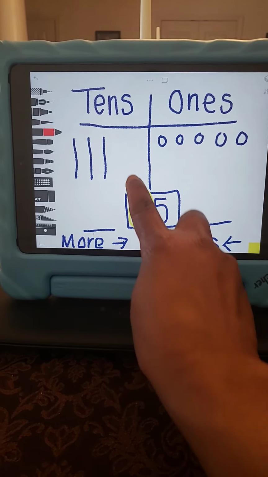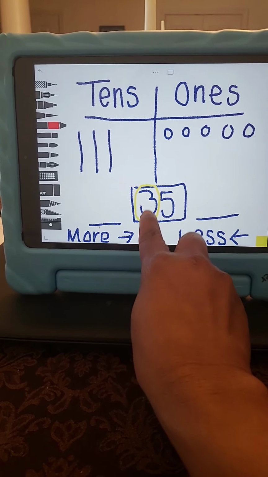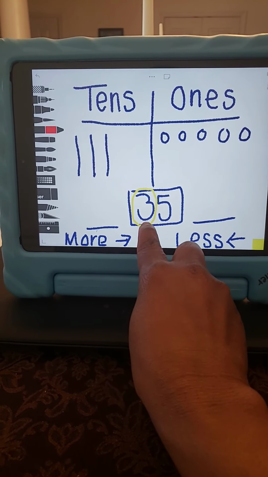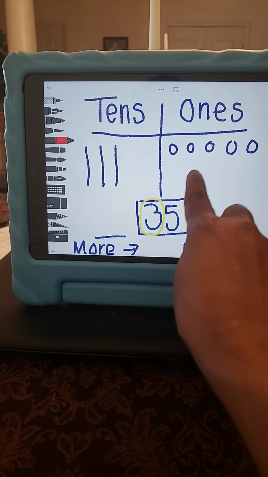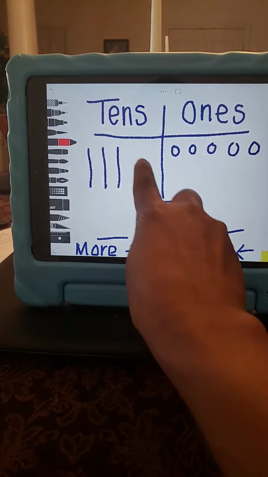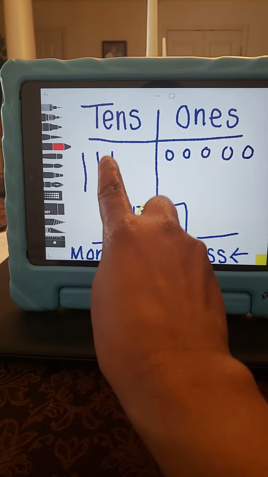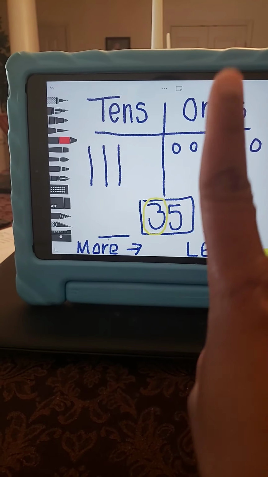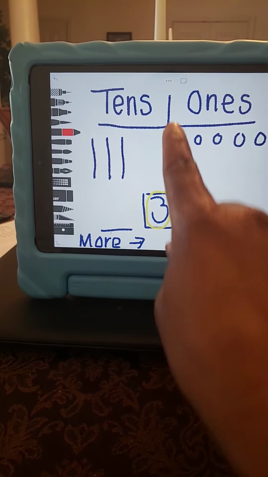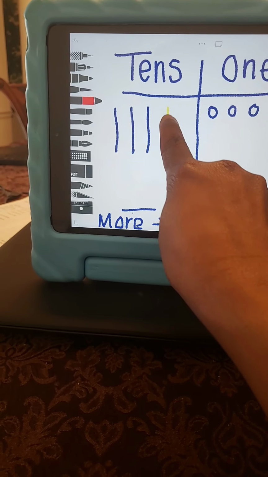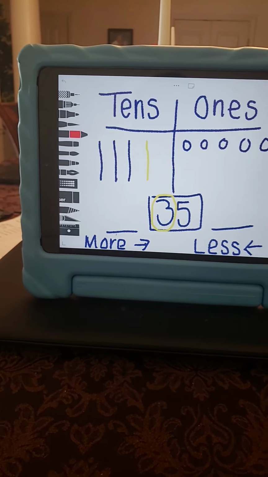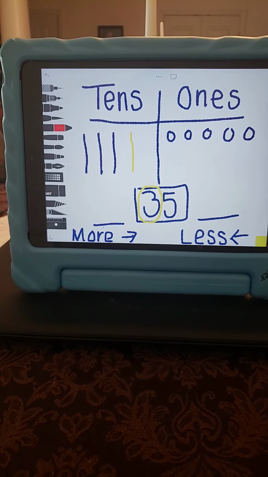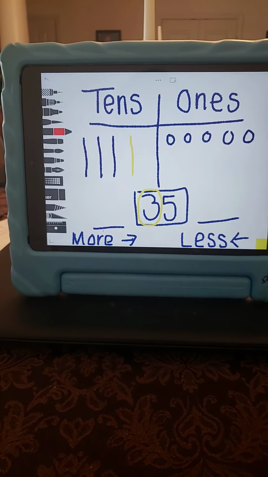And I'm not just going to add a 1, because 3 is not coming from the 1s. 3 is coming from the 10s. So what would happen if I added 1 more 10? I'm going to use my yellow. How many 10s do I have now? Now I have 4.